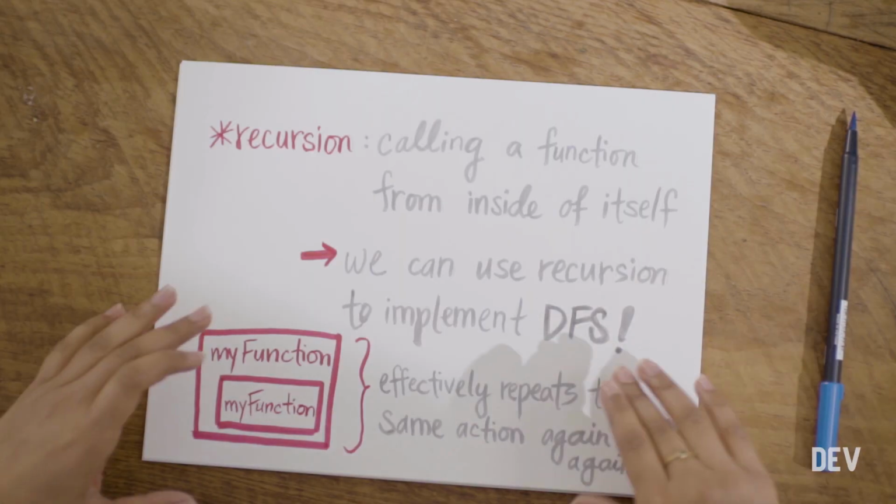So for example, if you're using pre-order search, no matter what, you're always going to read the data first, and then the left reference, and then the right reference. Because you're taking the same steps again and again for each node in the tree, you effectively need to repeat yourself for every single node that you encounter. This lends itself really well to using recursion. We can use recursion when we implement any of these three depth-first search strategies.